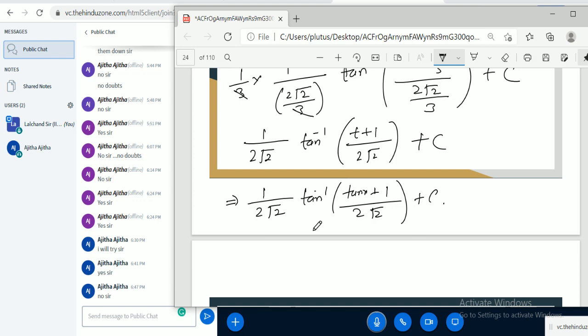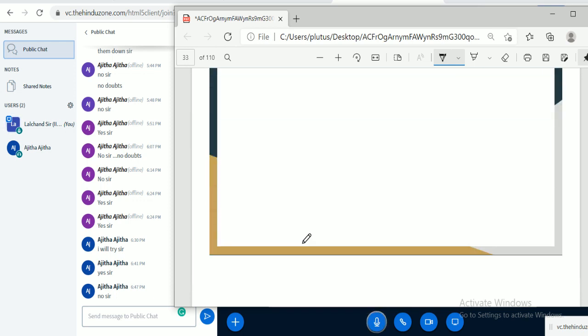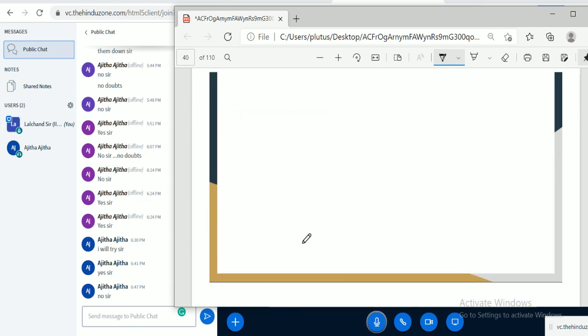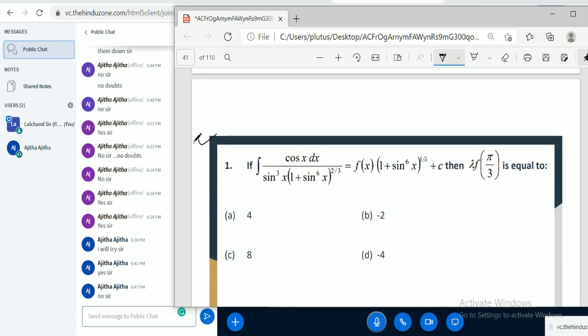Okay, let us try to solve few questions of JEE Mains previous year questions. Okay, let us try to solve this question. This question was asked in JEE 2020. Okay.